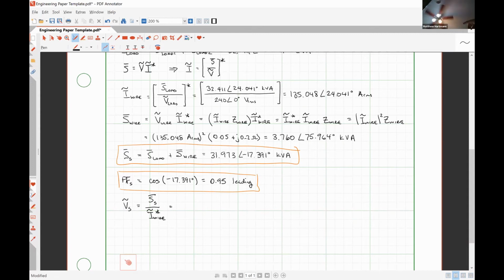So that would be 31.973 with an angle of negative 17.391 degrees kilovolt amperes, divided by the complex conjugate of my current, which is 135.048 with an angle of negative 24.041 degrees amps RMS.